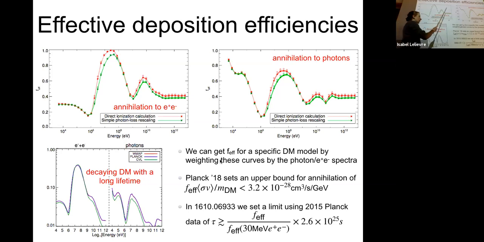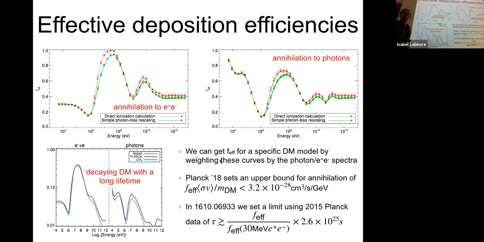These plots here are showing calculations that I did a few years ago for annihilations to electrons and positrons or annihilation to photons. This is showing, as a function of the energy of the photon and the electron, how fast it cools down and how much of its energy goes into ionization versus heating or excitation or other channels. That can be expressed in terms of an effective efficiency for changing the CMB.